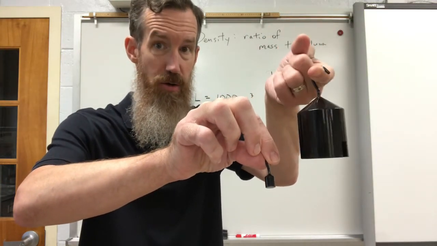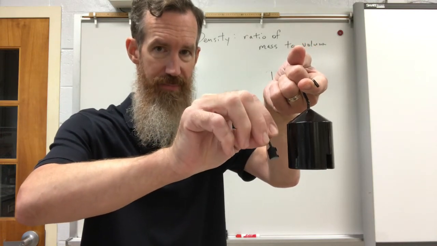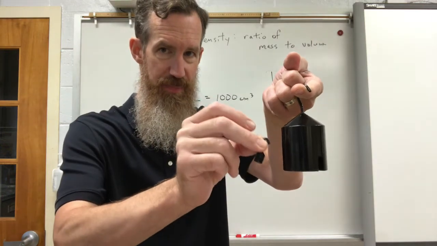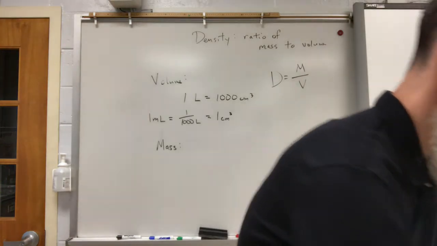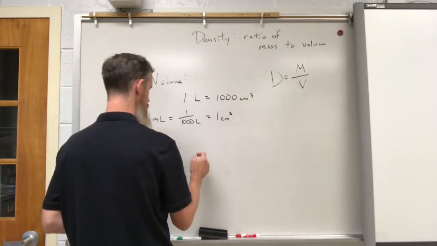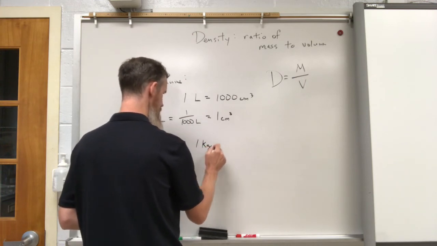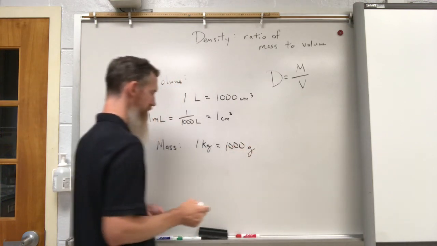This will be 1,000 grams. This is 10 grams. So basically, 100 of these makes this up. So in this class, we use kilograms, and that would be equal to 1,000 grams.